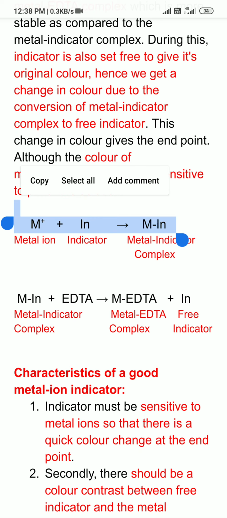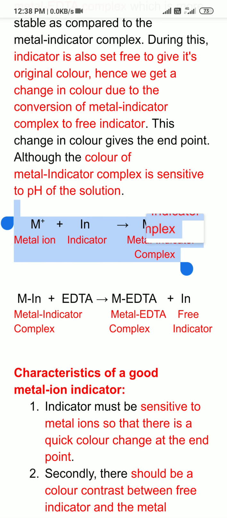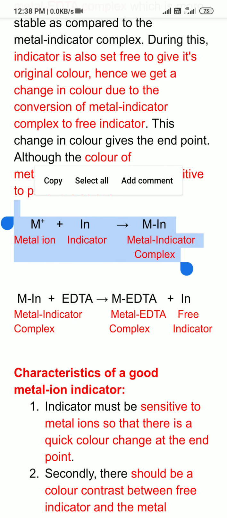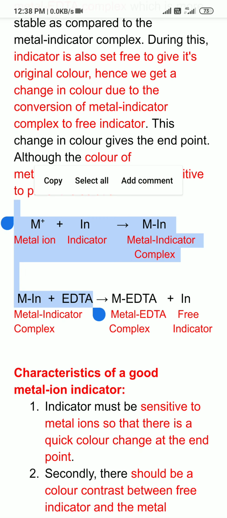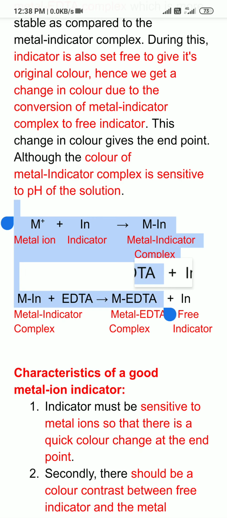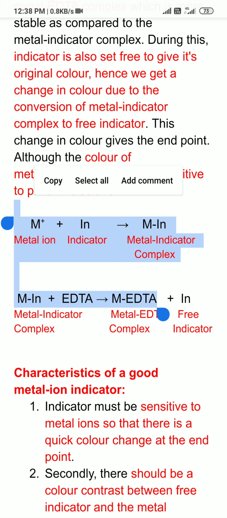Metal will combine with the indicator to form metal indicator complex. Now this metal indicator complex is having its peculiar color. Now what happens when the metal indicator complex taken in the titration flask reacts with EDTA, which is added from the burette, then metal indicator complex changes into metal EDTA complex.